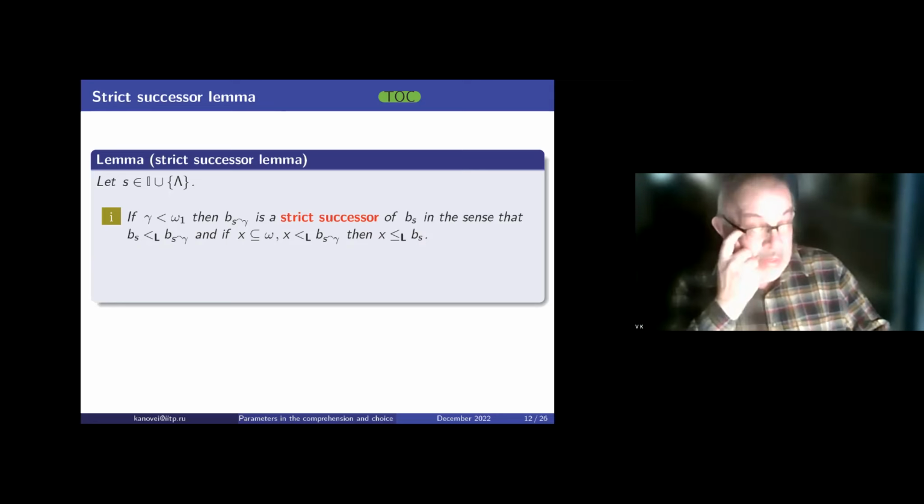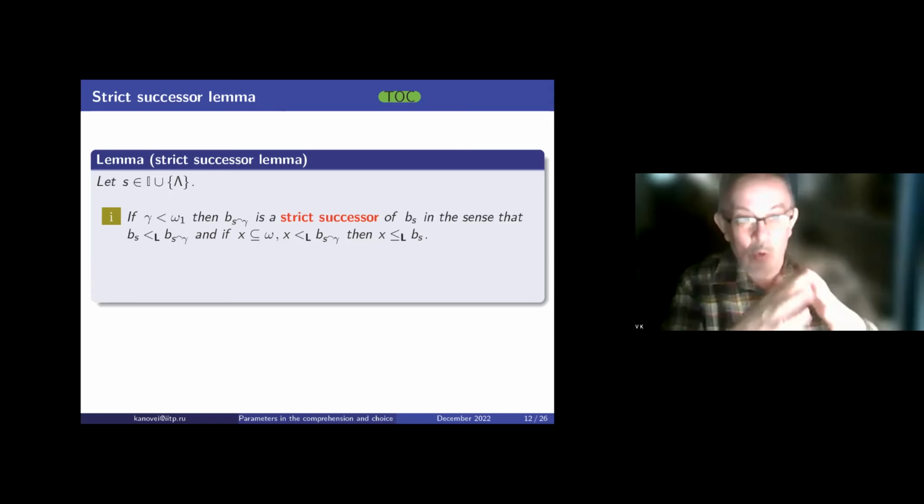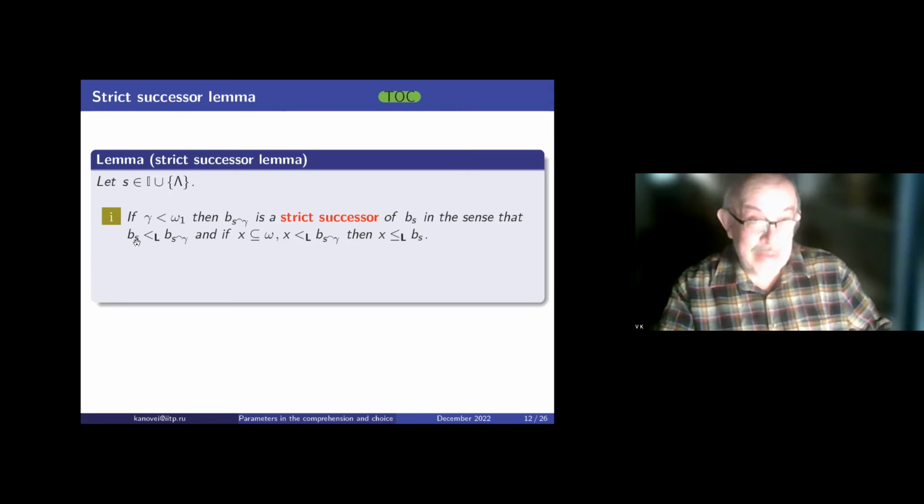So you can say that the Gödel cone of this B sub S gamma consists of the Gödel cone of S plus the only one element B sub S gamma itself. I call it strict successor. So each real with next index is just a strict successor of the real with previous index.